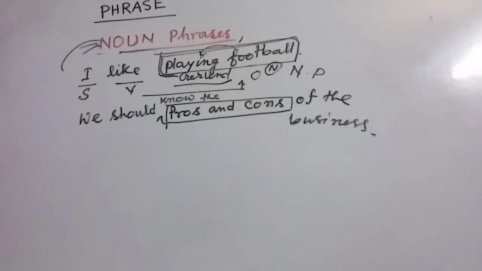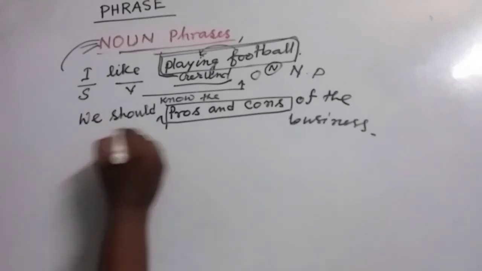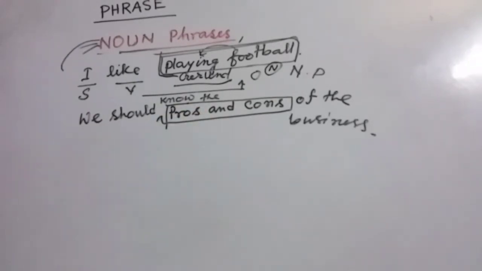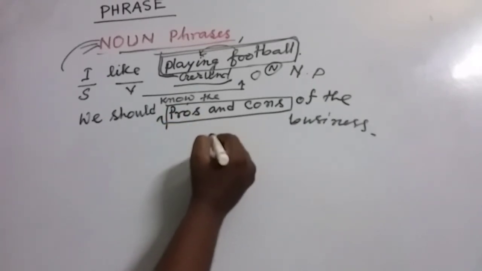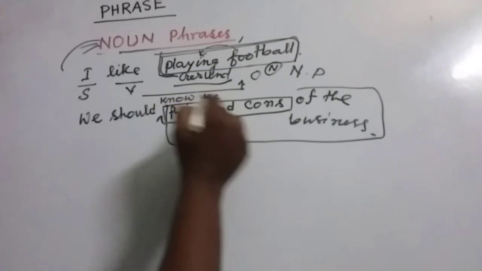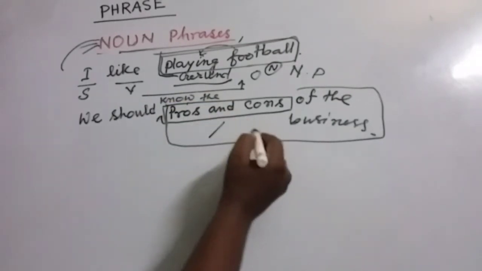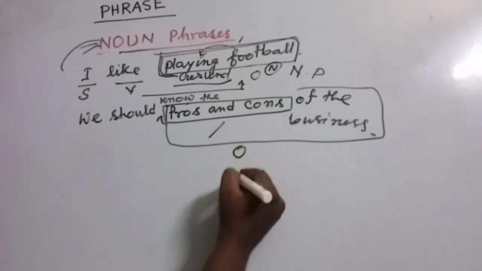And here you can see the verb is know. And if we ask, what should we know? The answer is pros and cons of the business. Think about this one. We should know this one. So these entire words are the object.